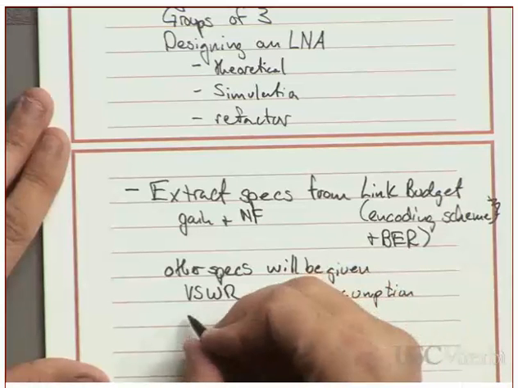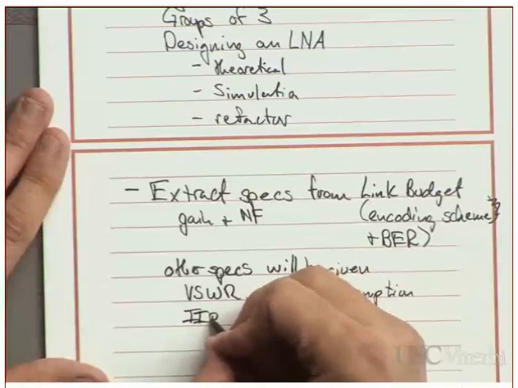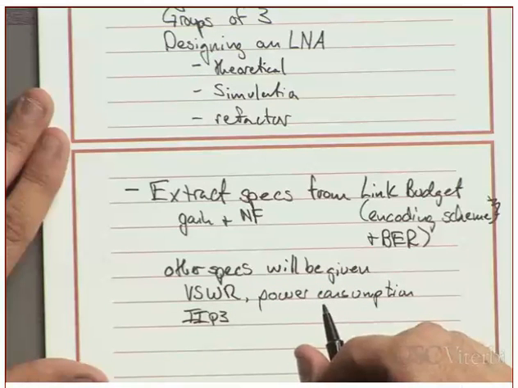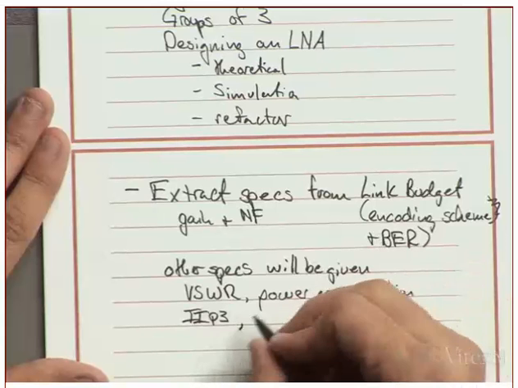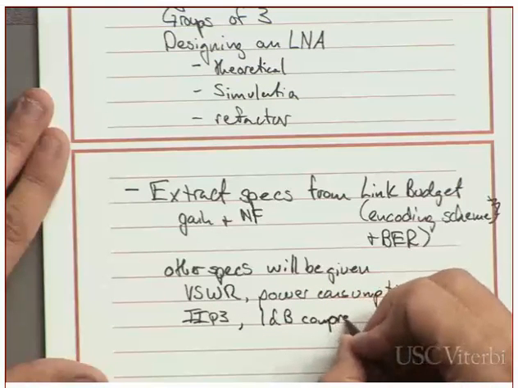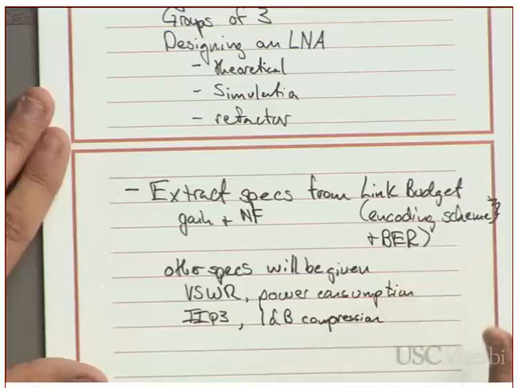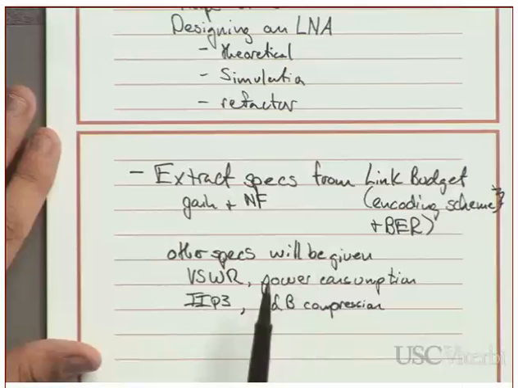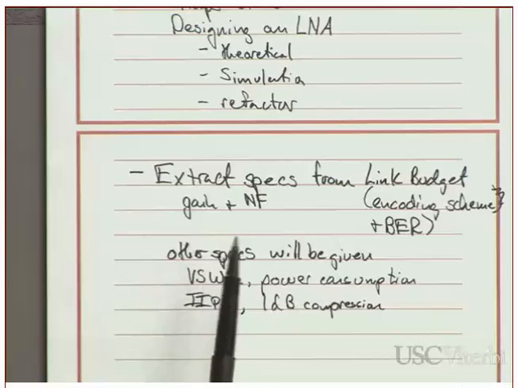Basically, well, I'll put these: IIP3. What's the other one? Oh, the 1 dB compression. So these will be given. These ones you have to extract. And then from there, you can actually start designing.